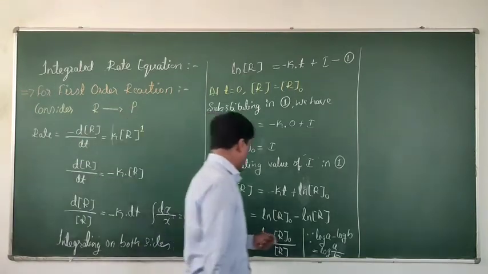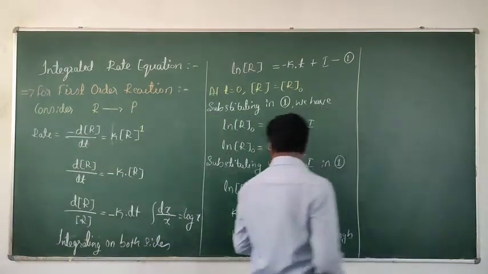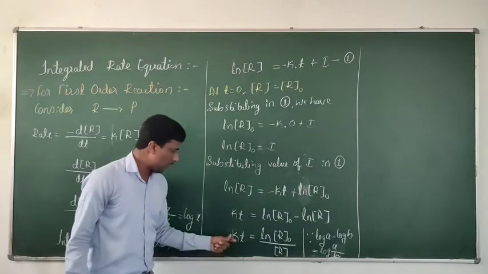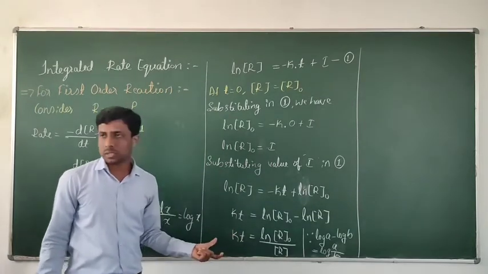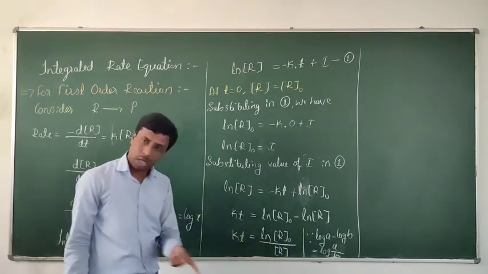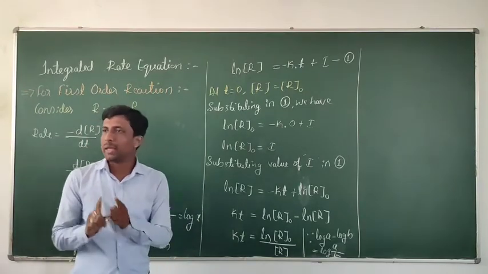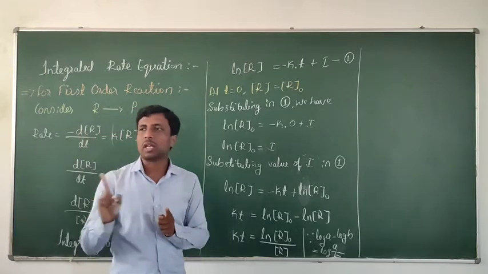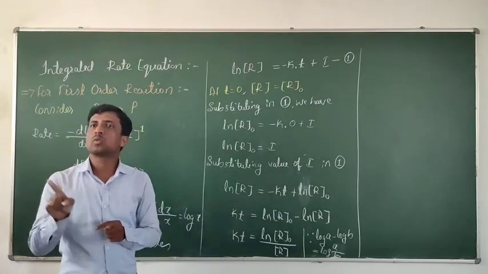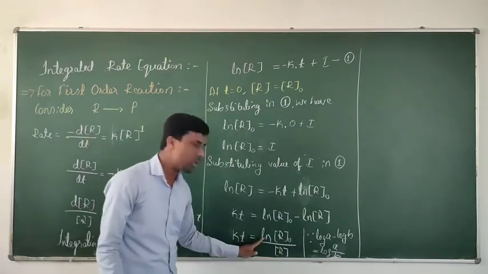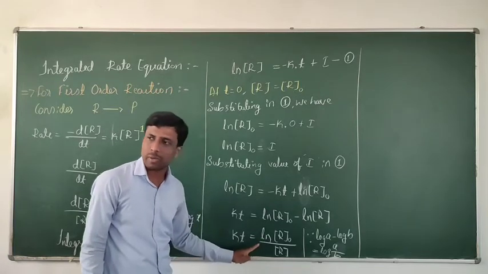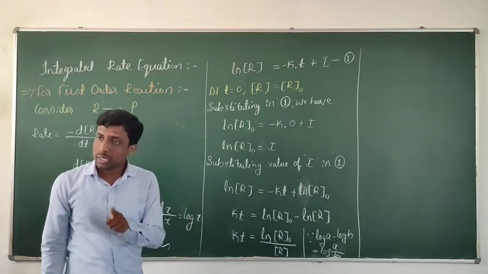Now I want to convert this ln into log. What should we do now? Multiply log by 2.303. 2.303 into log is equal to ln. So based on ln, I write 2.303 into log.